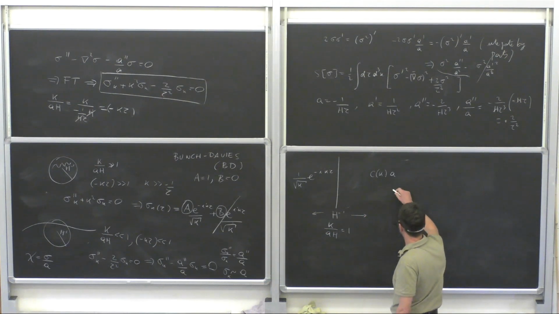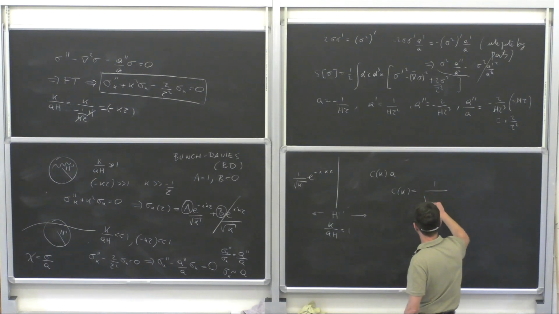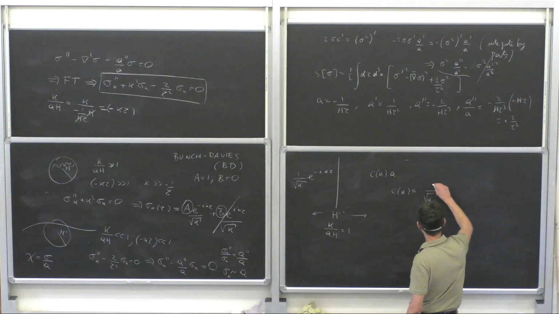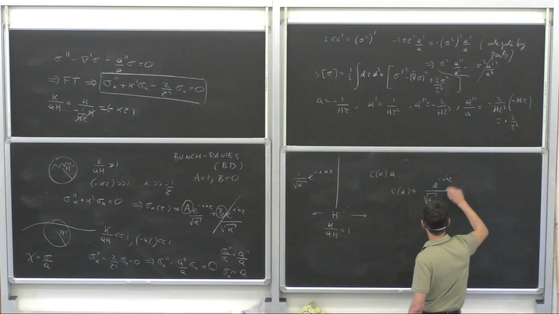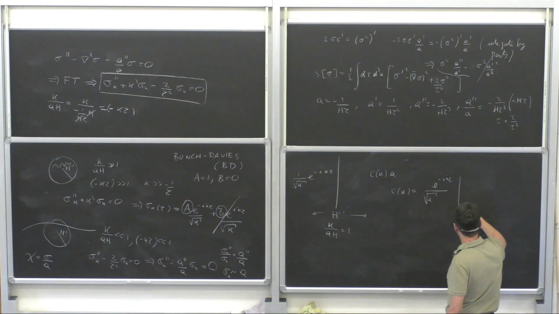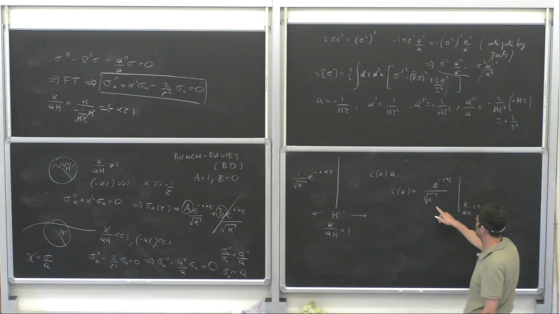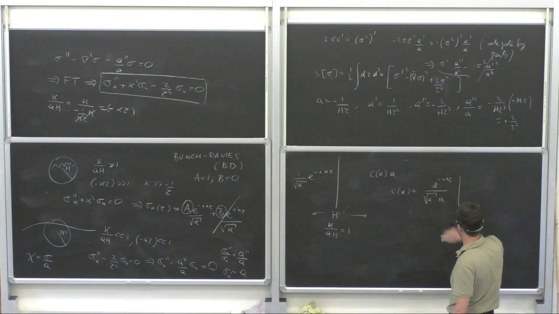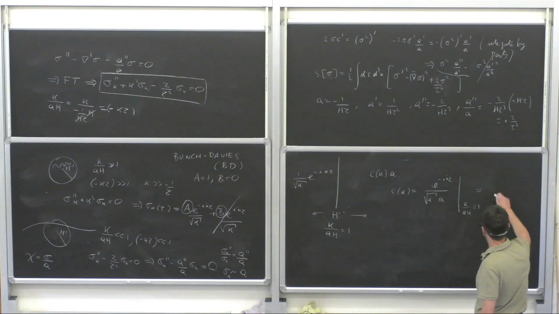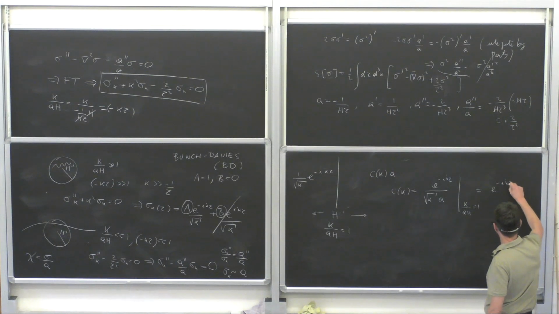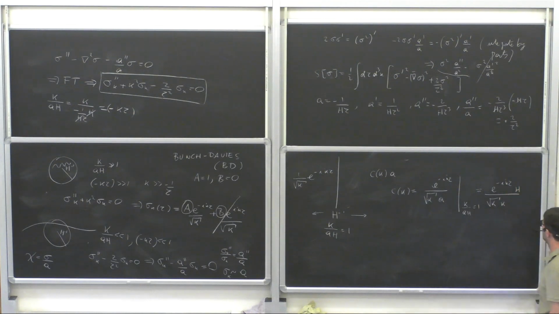So what you do, you impose that C of k is basically equal to 1 over the square root of k times e to the minus i k tau at the time at which k over aH is equal to 1. So it's clear that in this case, sorry, there is also an a, of course. So this becomes e to the minus i k tau divided by the square root of k. And then from here, I learned that this is k times H. Okay?